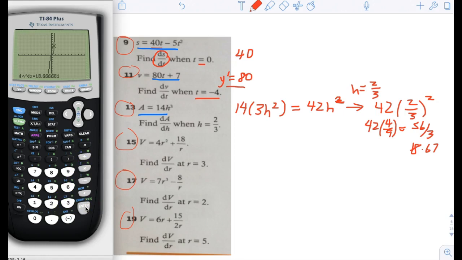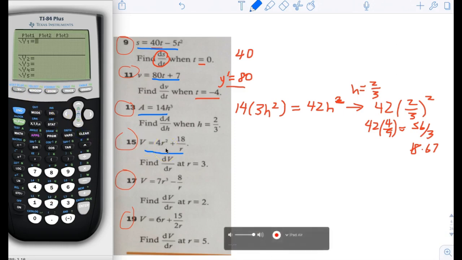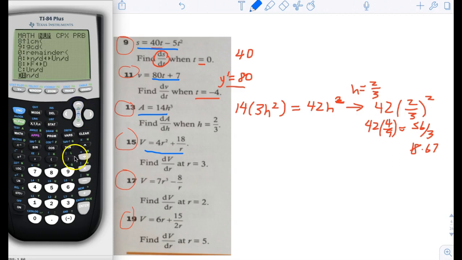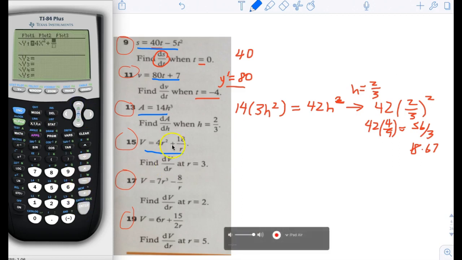Okay, now we're going to do the next one using the calculator. So we'll put y equals, and then we'll type in 14r squared plus 18 divided by r. This is one of those tricky problems where maybe you don't know exactly where to put the parentheses in the fraction, and in order to avoid that problem, let's just use the vertical fraction, which we do by pressing math, number, going to the last option, nd, and then we'll put in 18 on top and x on the bottom instead of r because we always want to use x.